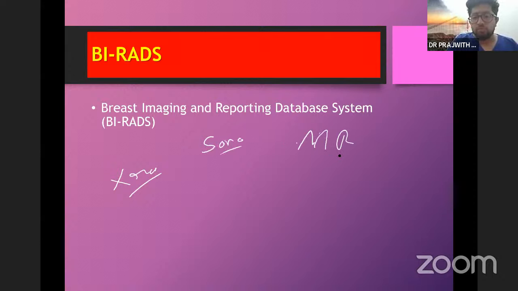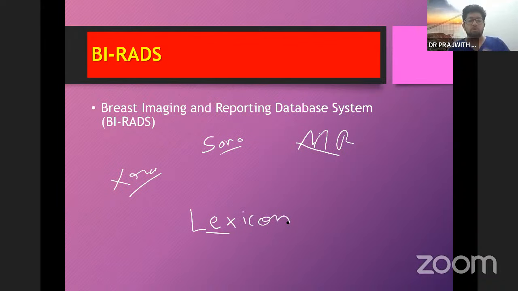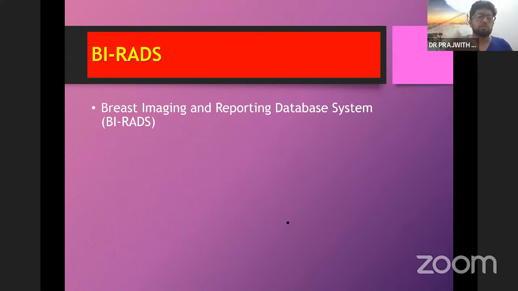We always follow the BIRADS system, and there is a BIRADS lexicon to describe different terms. The lexicon tells us how to describe a particular lesion. Whenever we use the BIRADS lexicon, it becomes easy for others to understand, because it has a standard format. That is what the BIRADS lexicon is all about.